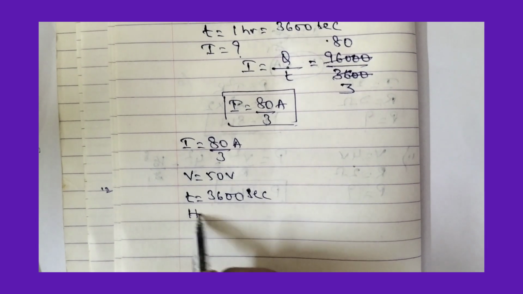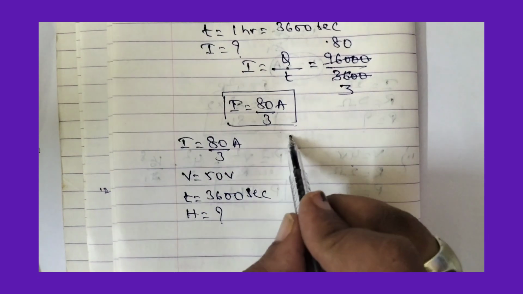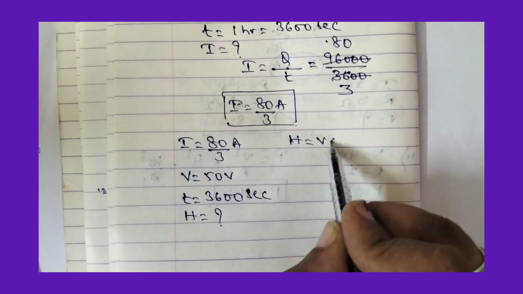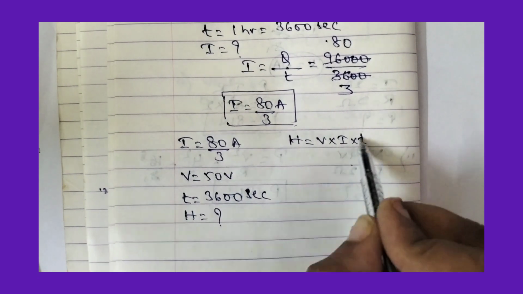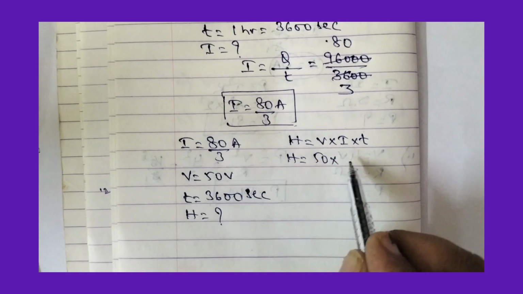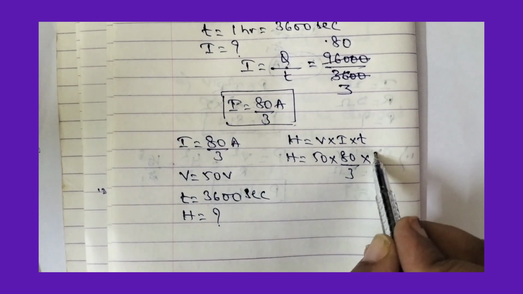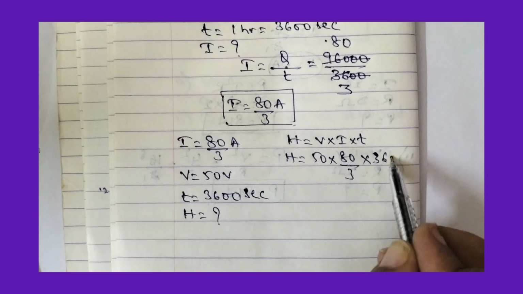Then we have to calculate the heat generated. The relation among all four is H is equal to V into I into T. So H is equal to V, 50, into I, 80 by 3, into time, which is 3,600.